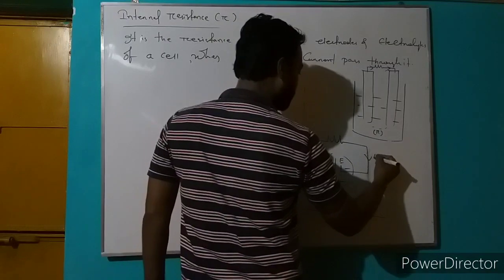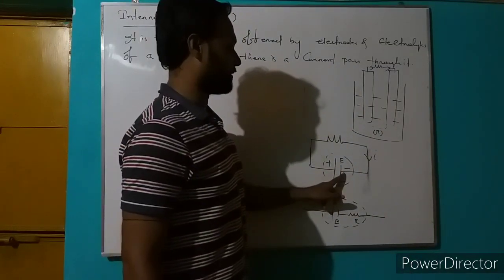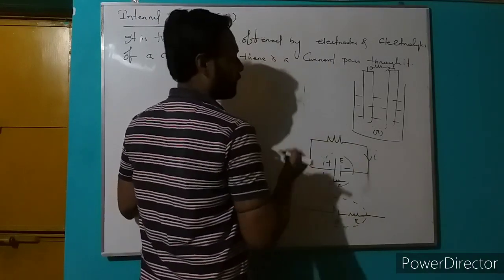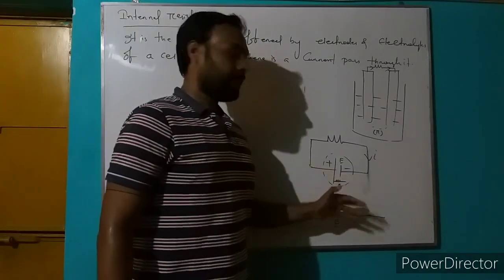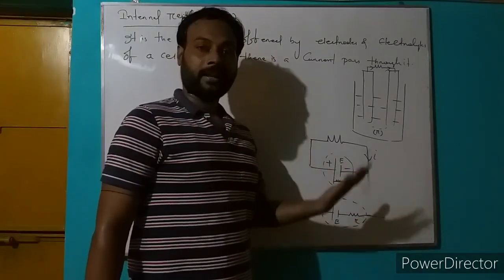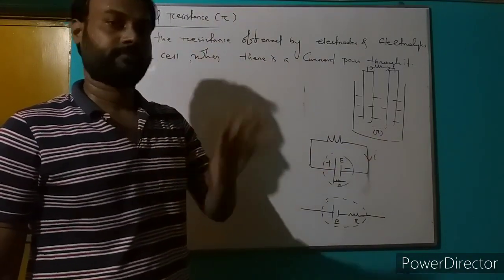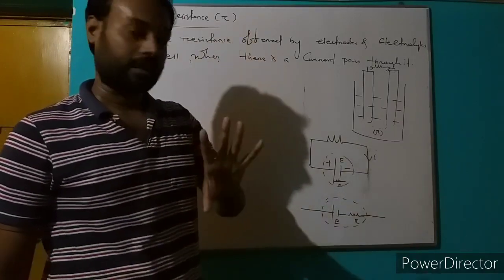That current passes in the direction that current always moves from higher potential to lower potential externally, but internally it moves from lower potential to higher potential. Okay, remember, the cell provides energy, so that due to the energy the electrons move externally inside the circuit. That's why there is a current moving in the circuit.